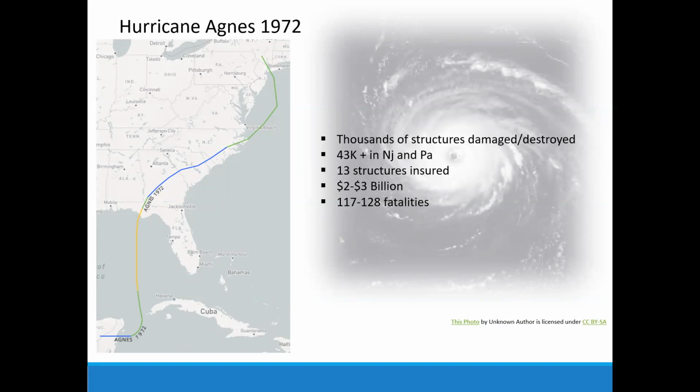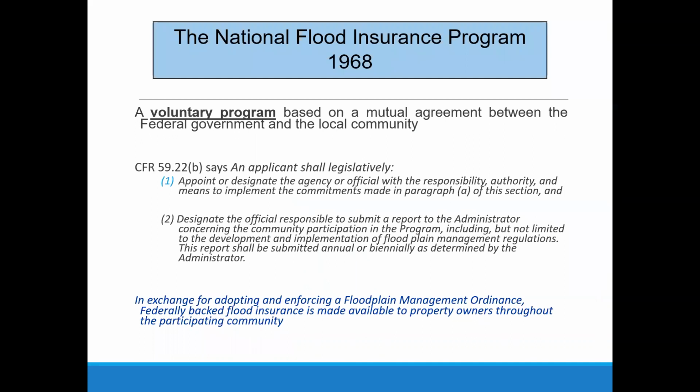I think only 13 or so were insured. This was between $2 and $3 billion of damage and between 117 and 128 fatalities. I believe that range is due to whether you account some of the spin-off tornadoes and other things that happened because of this hurricane system. The devastation here is what encouraged them to pass this law for the mandatory purchase requirements.